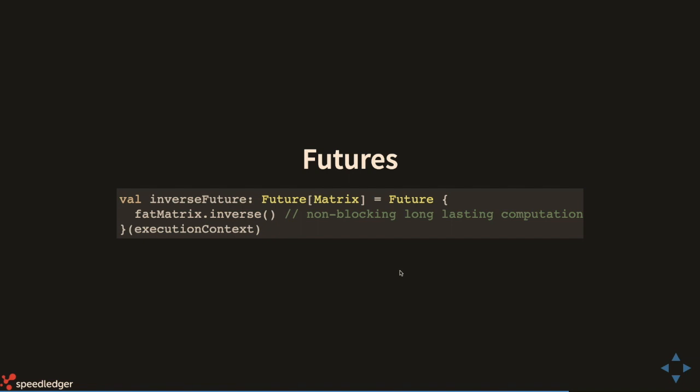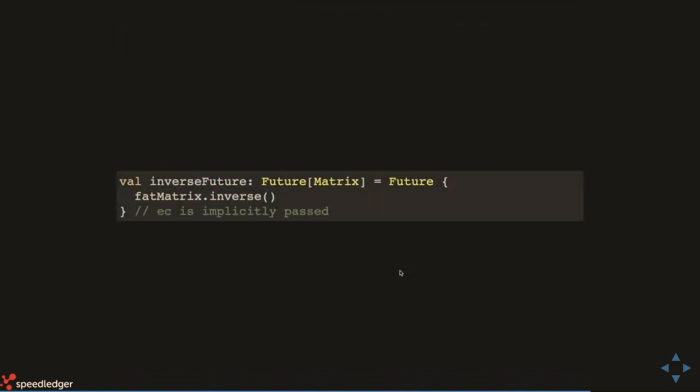And the last part of the code here, where we have the execution context, that's a part that we can skip because it's implicit. I'll go further into the implicits, but it basically means that if you have it in scope so that the compiler knows that, yeah, there is an execution context available, then you don't need to set the parameter explicitly.